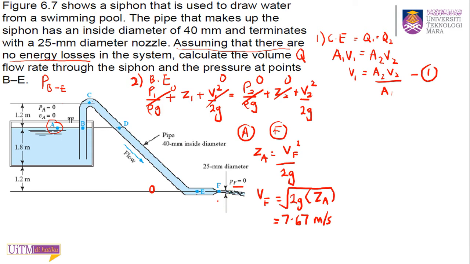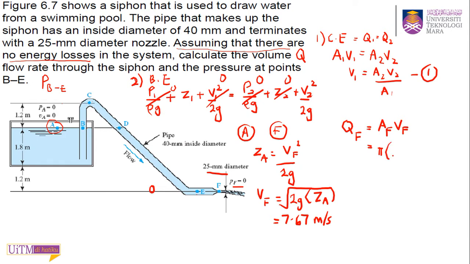They ask you to calculate the volume flow rate. So now you can calculate your volume flow rate at F, QF, which is the area at F times velocity at F. The area at F, they gave you the diameter 25 millimeter, so you need to change that to meter and divide by 2.